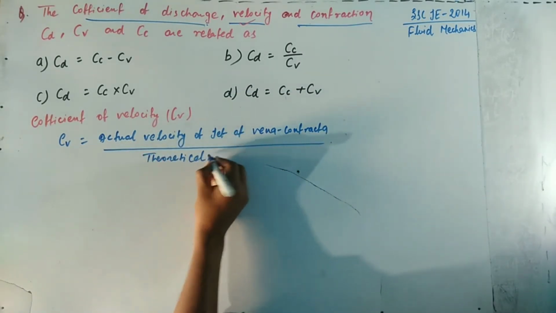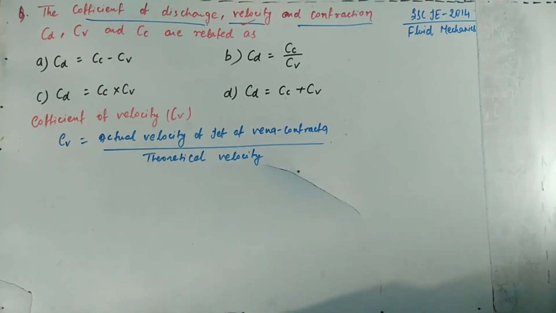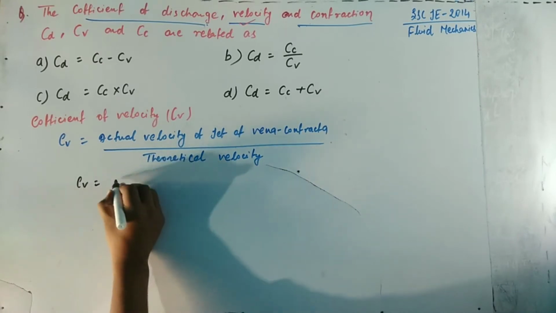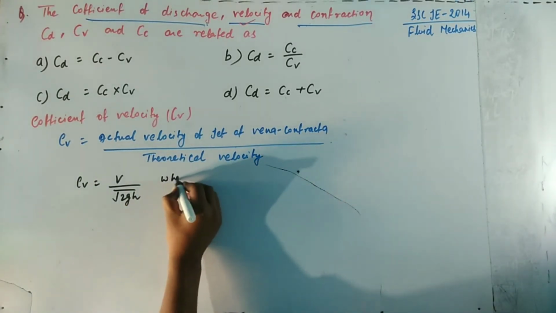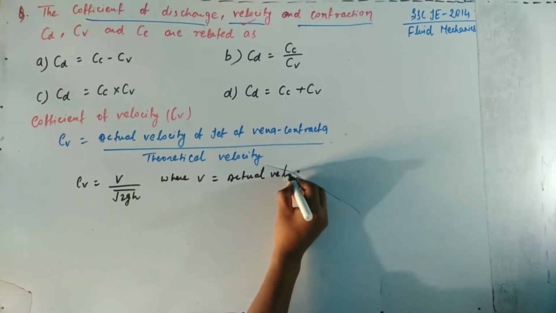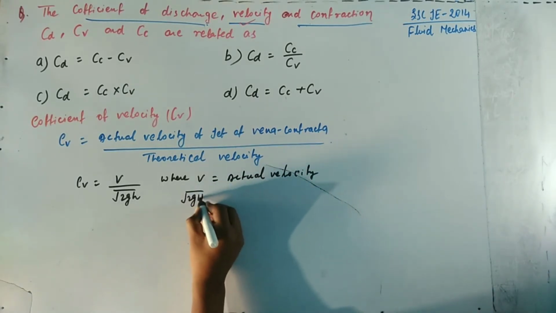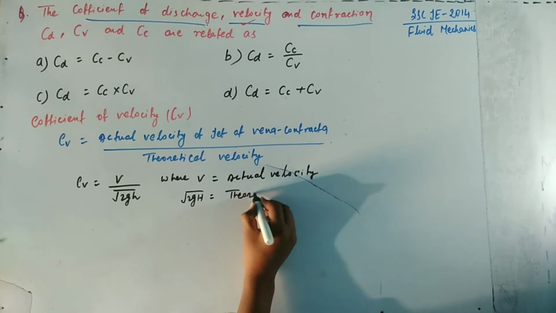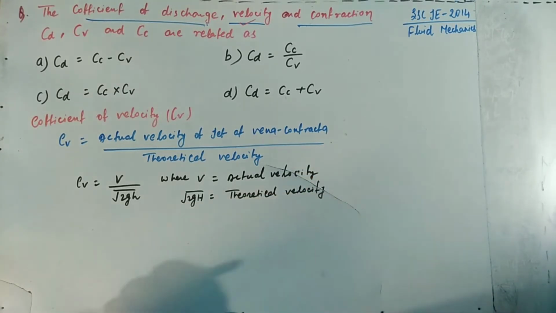In a simple way, CV equals V by root over 2gh, where V is the actual velocity and root over 2gh is the theoretical velocity. This ratio is called coefficient of velocity.